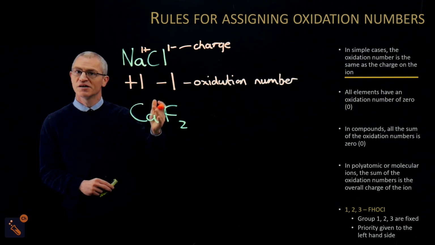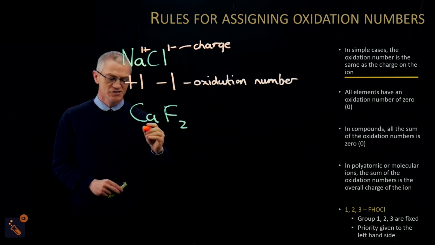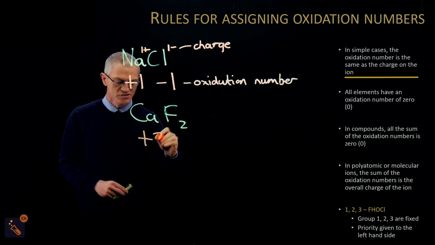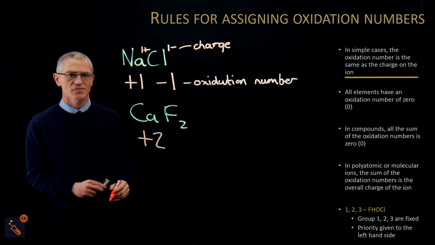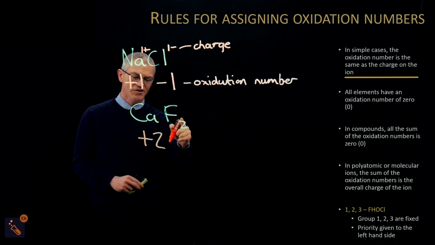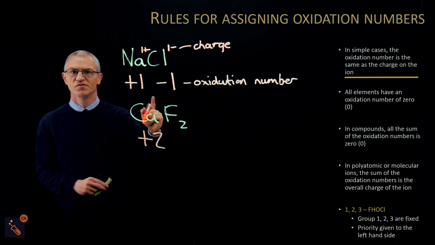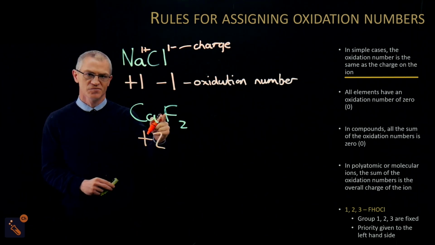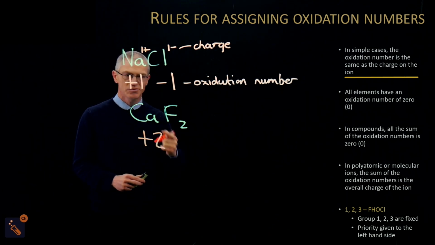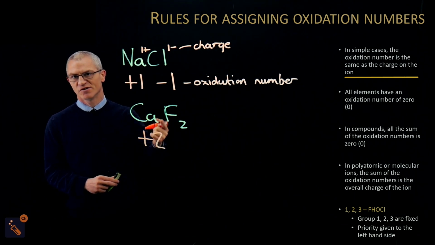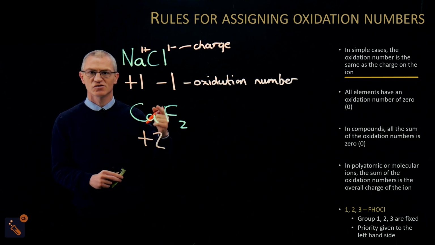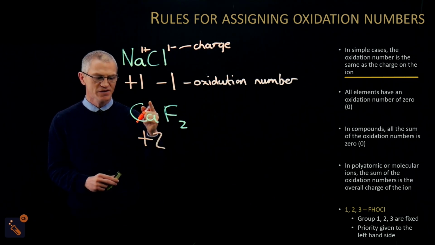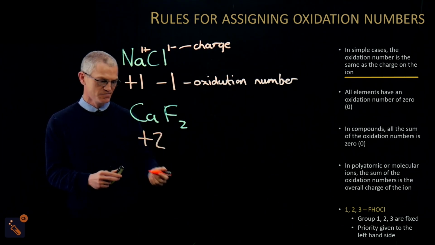If it's a 2 plus ion, it has an oxidation number of plus 2. We can then work out the oxidation number of the fluorine, or the fluoride, from this point. You probably guessed that it's minus 1 because the fluoride ion is in group 7, but let's not do it from the charge, let's do it from the fact that we assigned the calcium first.